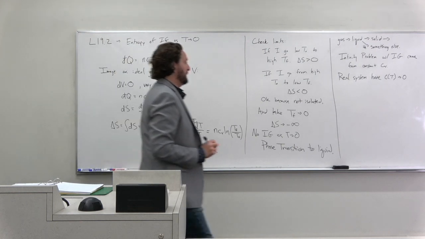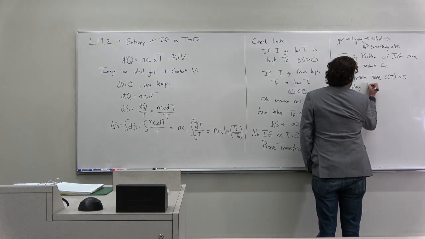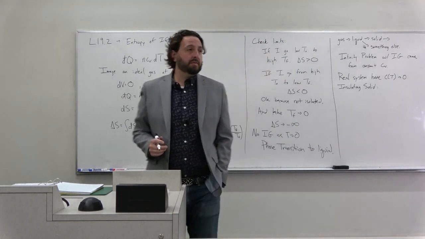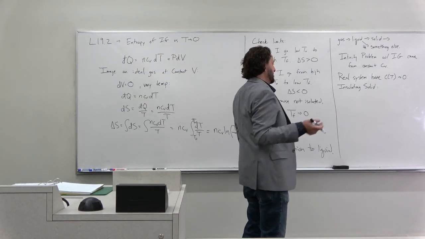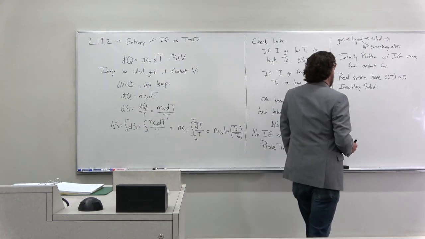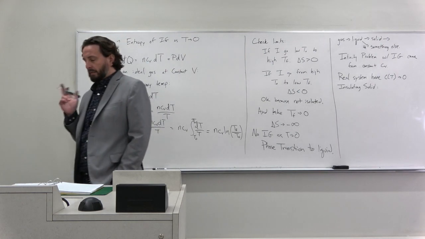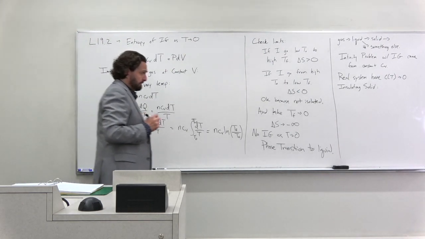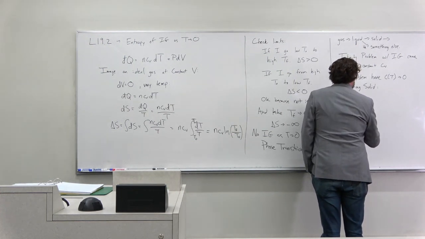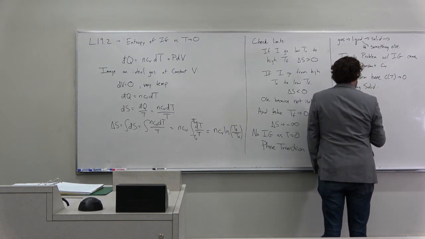Okay, so let's imagine a few of these. If we have an insulating solid, like a piece of, let's say, glass, plastic, something that's not conducting, probably even wood, then instead of thinking about CV for solids, we think about CP. So the CP as a function of temperature for a solid actually goes like T cubed.